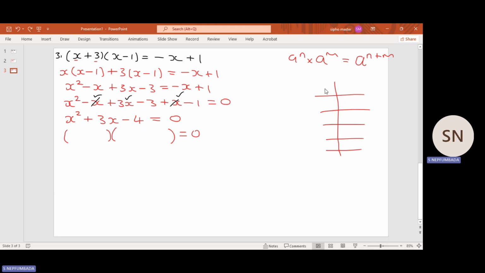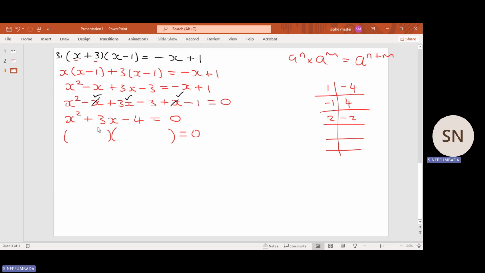So the first one is 1 and minus 4. Another factor is minus 1 and 4. We swap, and now we want the ones that when we multiply give us -4. And another is 2 and minus 2. When we multiply, they give us -4.